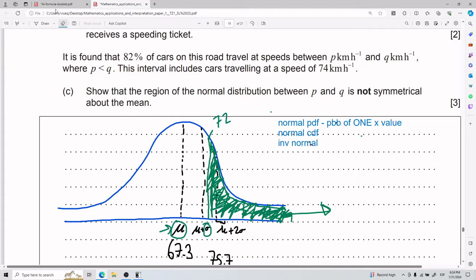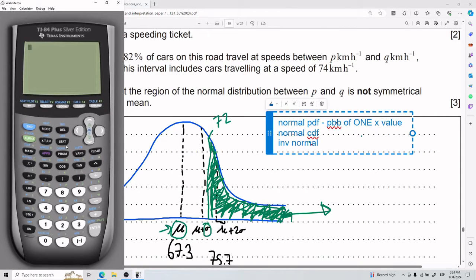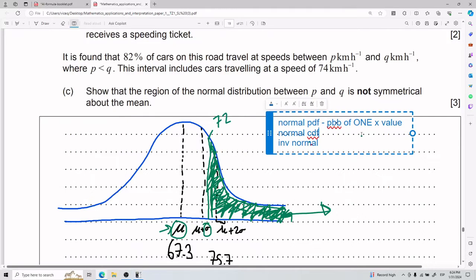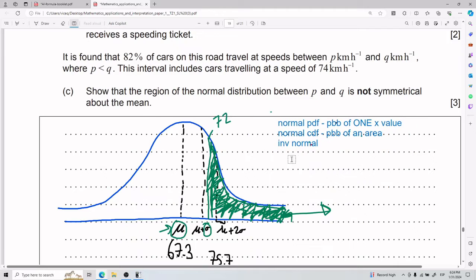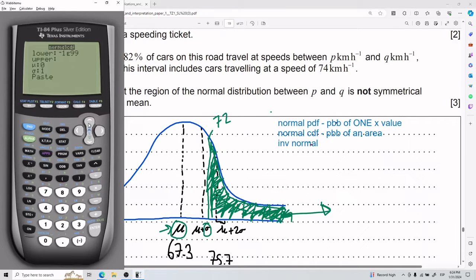Normal CDF, the one that you're gonna end up using most of the time, as we can see, asks for a lower and an upper, the same mean, the same standard deviation. So this is the probability of an area, okay? Here you can see that it has negative 1 to the power of 99. Basically, what that is saying is that this is negative 1 followed by lots of zeros.